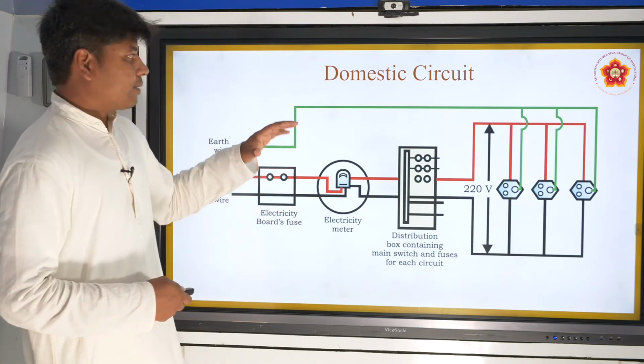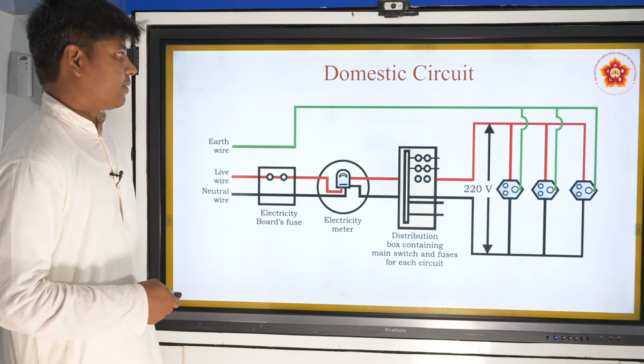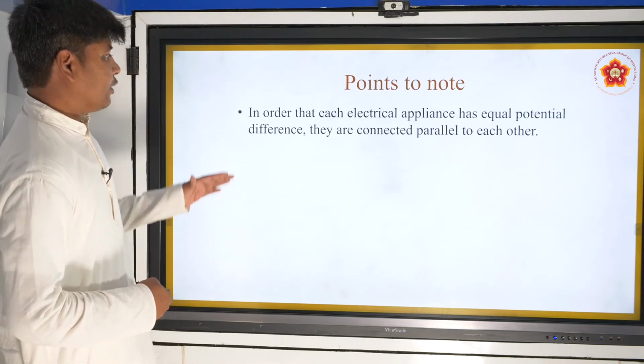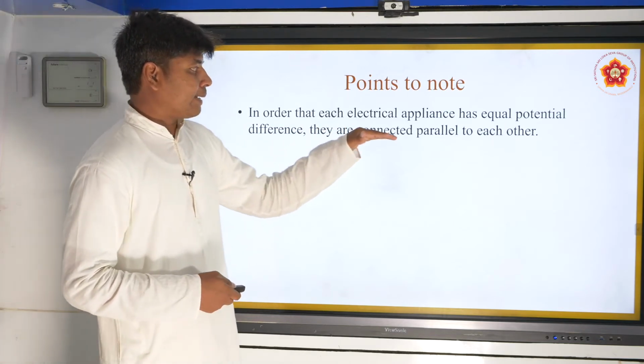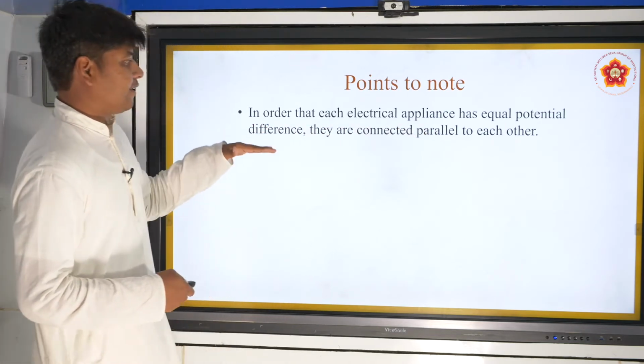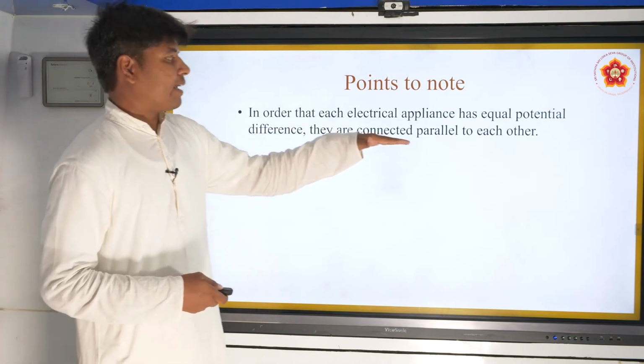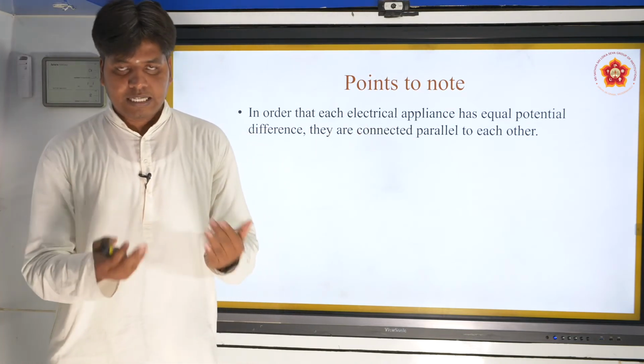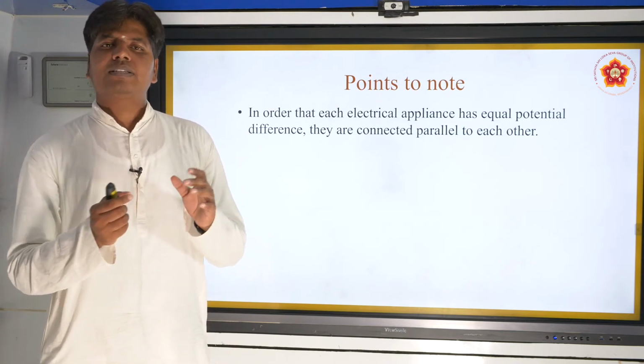Now let us note the points we have discussed in this domestic circuit. In order that each electrical appliance has equal potential difference, they are connected parallel to each other, right?